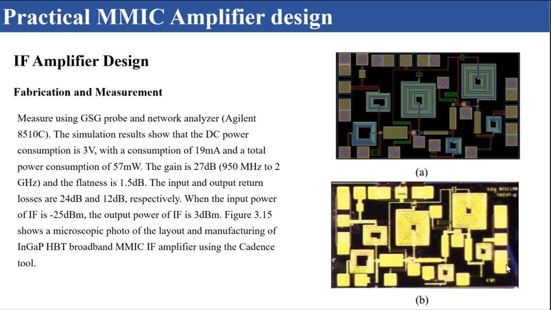Fourthly is the fabrication and measurement. Measure using GSG probe and network analyzer. The simulation results show that the DC power consumption is 3 volts with a current consumption of 19 milliampere and a total power consumption of 57 milliwatts.